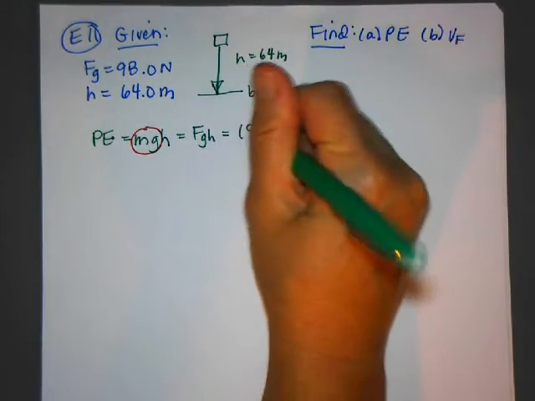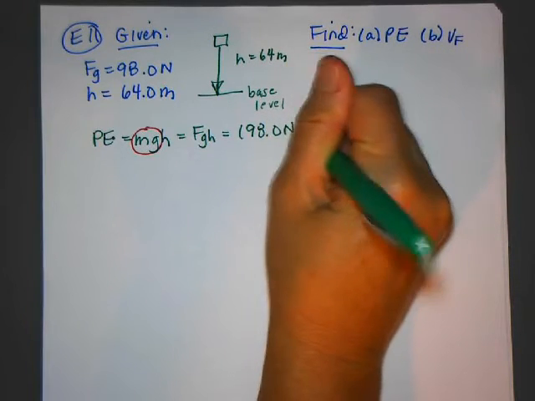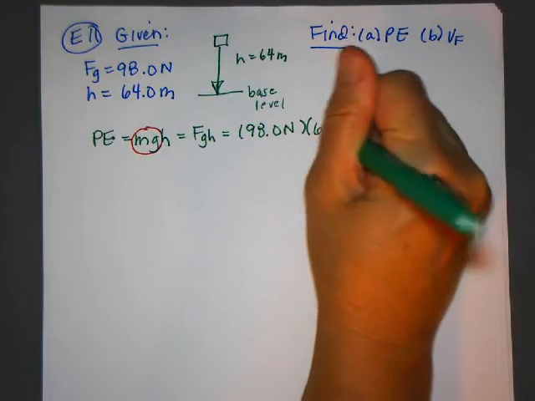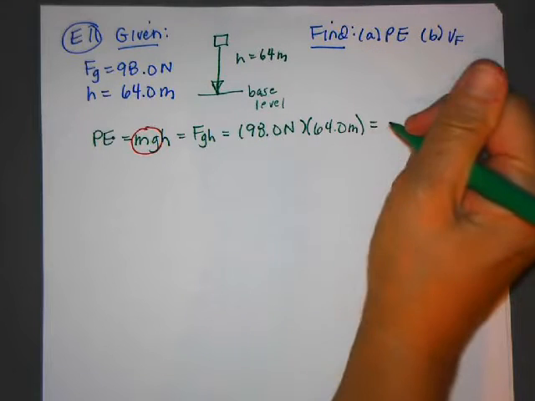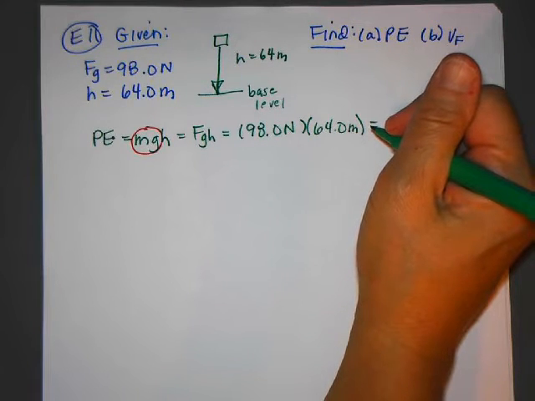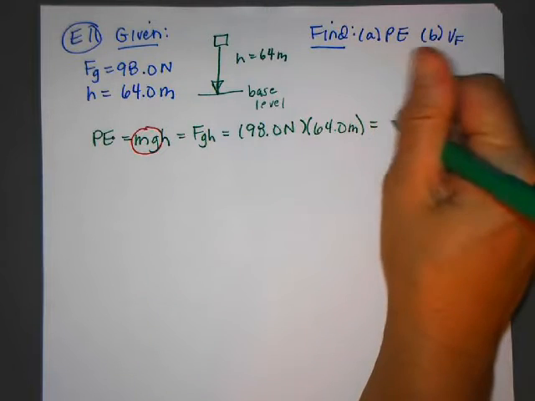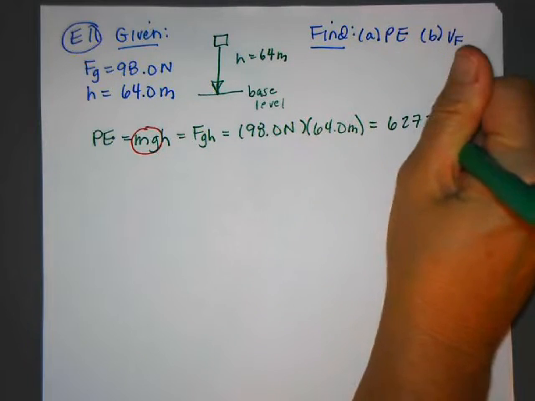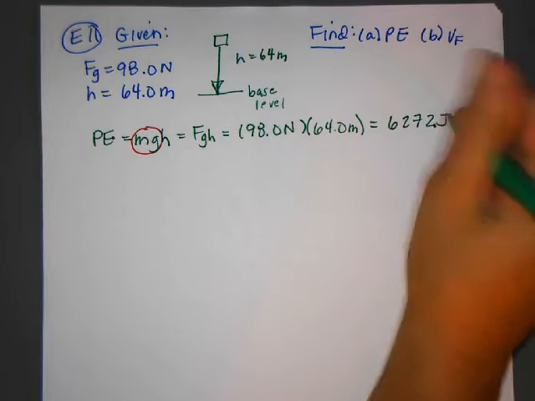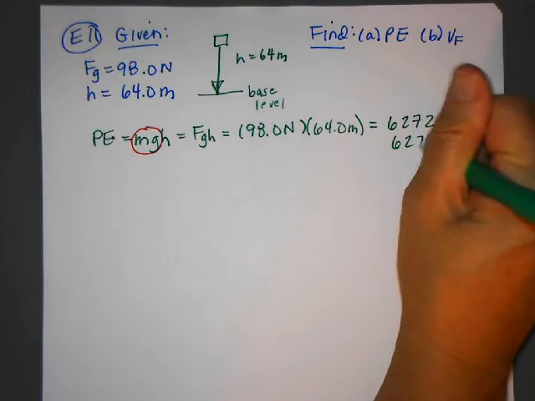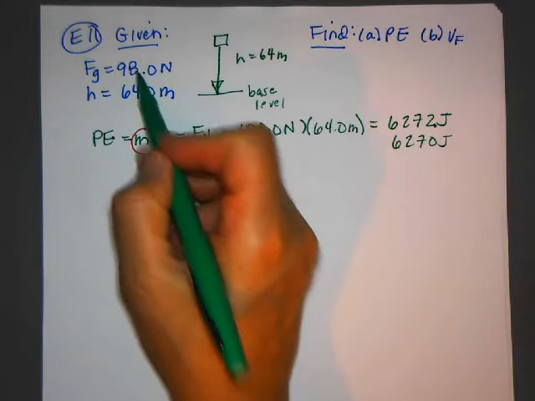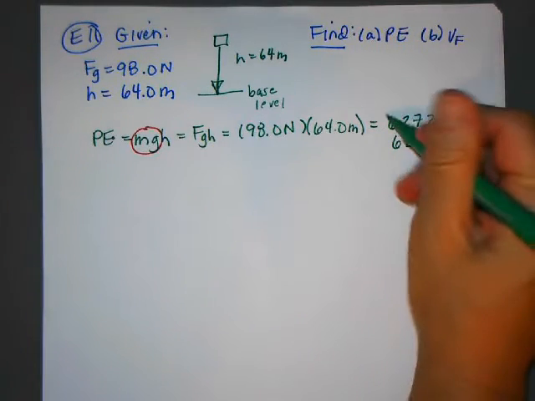So it's going to be 98 newtons times 64 meters. And the potential energy at the top is going to be 6272 joules. And then again, in correct significant digits, we'll do 3, because this has 3 and this has 3. So our final answer has to have 3.